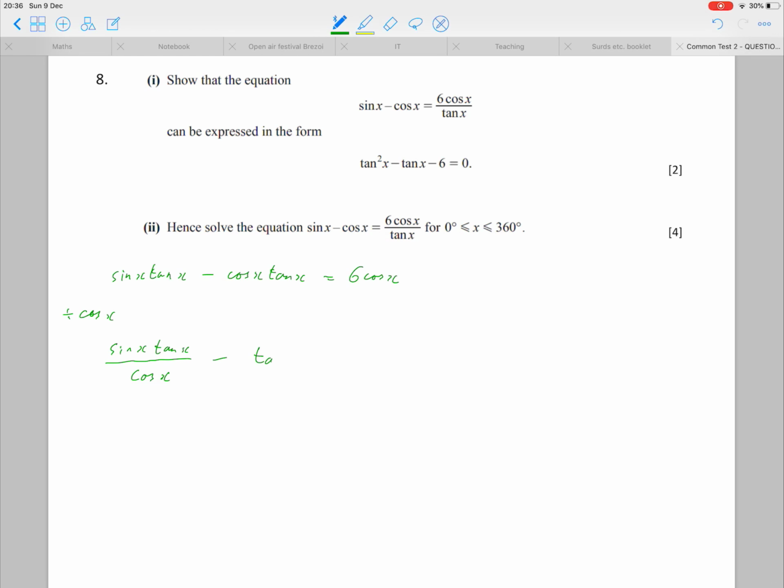Here we have just tan x. That's looking promising, isn't it? Minus tan x equals 6. And then you might notice that we have a sine over cos here, so that is in fact just tan squared x minus tan x, and take the 6 to the other side, minus 6 equals 0 as required.